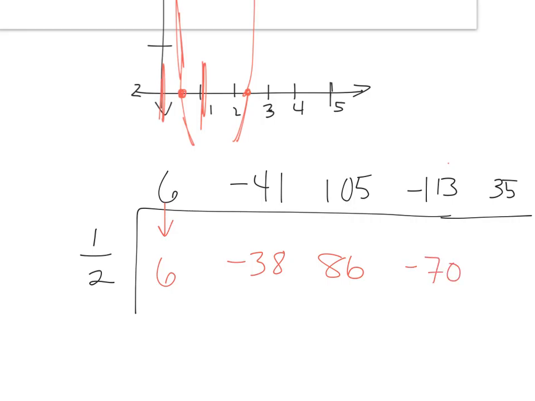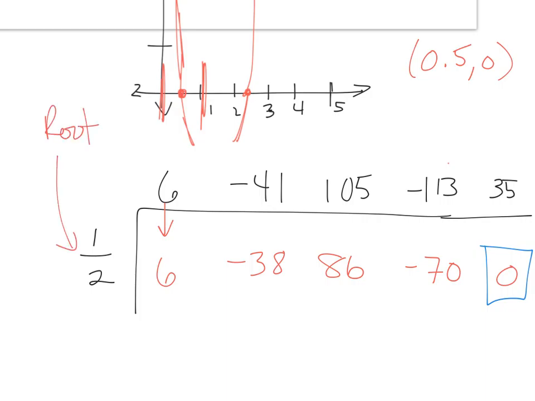Half of -70 is -35, and 35 is 0. This value of 0 here, remember, is the y value. X, comma, y. So already we know that one of our roots is going to be 1/2, comma, 0. This is one of our roots. It's a root because the remainder was 0 over here.